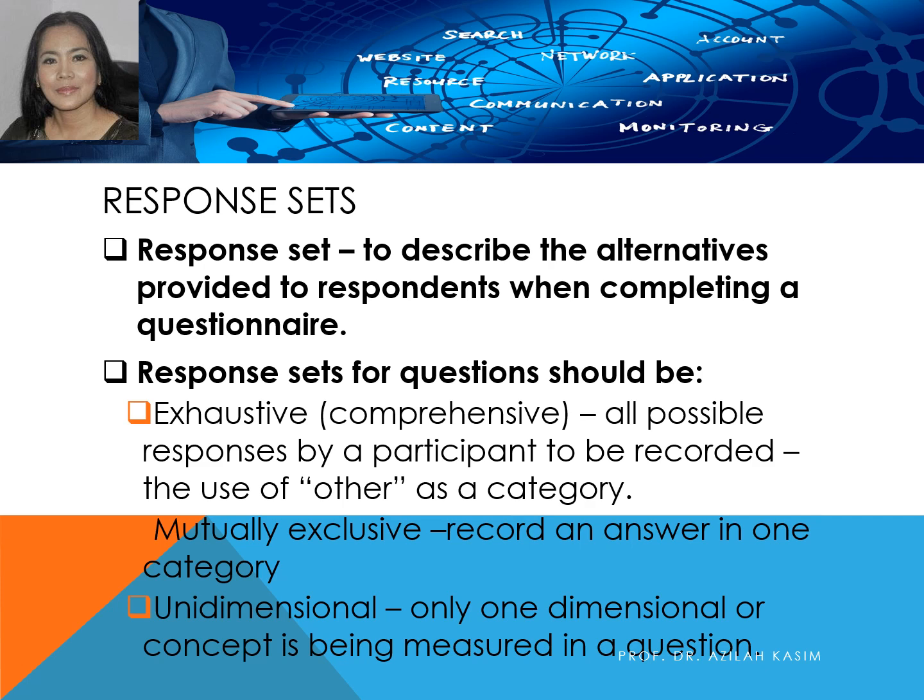Alright, response set refers to alternatives provided to respondent when completing a questionnaire. Okay, response sets for questions should be exhaustive. That means it should be covering everything it's supposed to cover. It should be mutually exclusive.